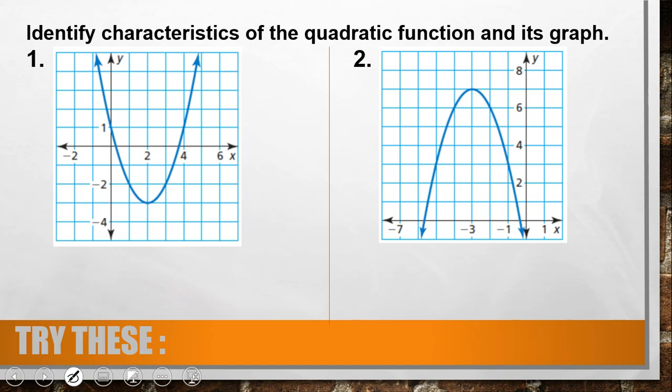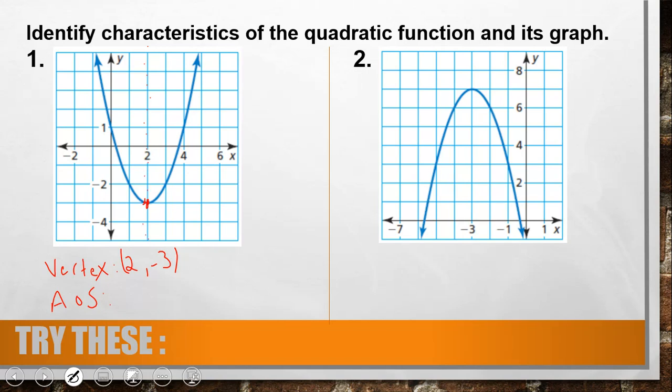So let's identify some characteristics of the graph here. First, let's identify what the vertex is. So we know our vertex is a point. It's right there. So we know our vertex is going to be at 2, -3. We know our axis of symmetry, which I'm going to abbreviate as AOS, is an imaginary line that cuts through here.